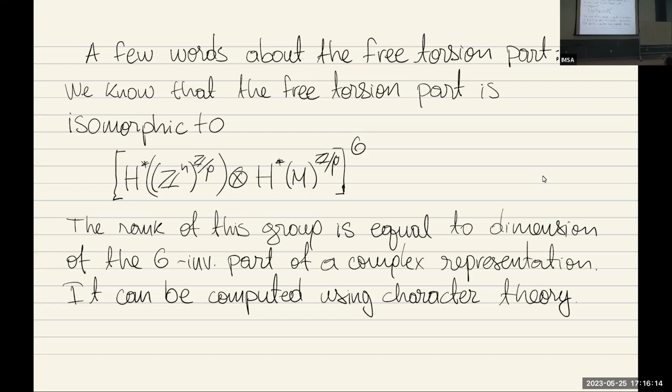It's a complex representation of the group G. And the invariant part of a complex representation is given just by counting how many trivial representations appear in the decomposition. We could compute it, for example, using the orthogonality relations. Then it gives a method to compute completely the group cohomology of these groups.